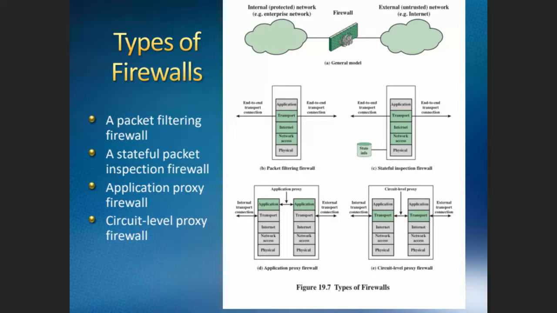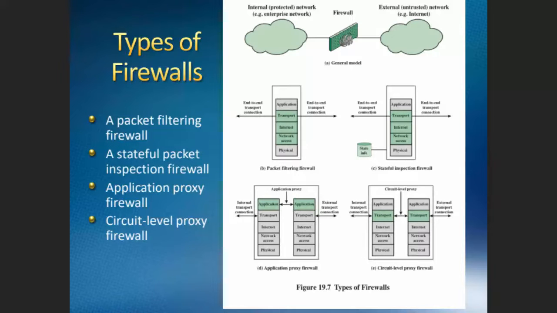These are the types of firewall, a summary of what we mentioned. This is your firewall in the middle, between the external internet and your intranet or internal network. We have the packet filtering firewall, which will filter according to the packet.